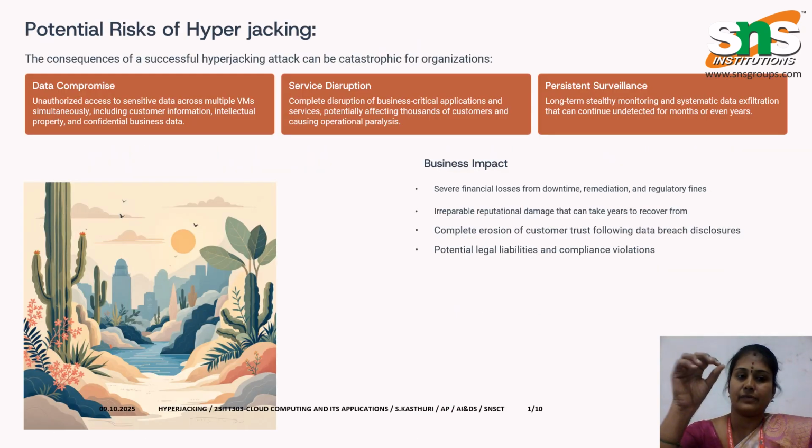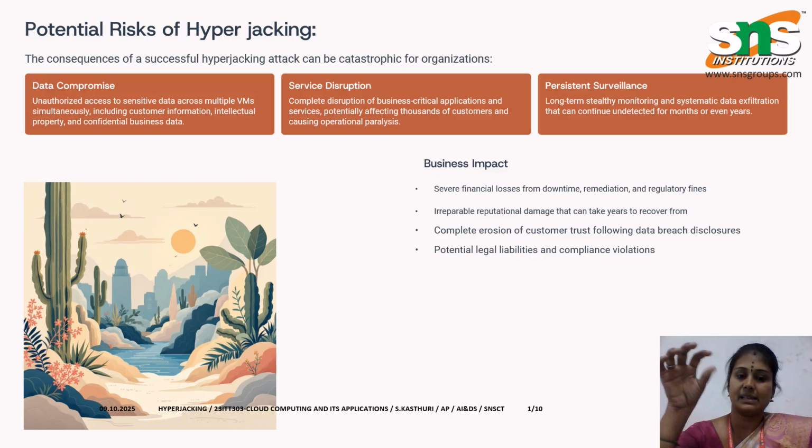Potential risks of hyperjacking. If an attacker controls the hypervisor, the domino effect is devastating. Data compromise: every VM's files, keys, and transactions are exposed. Service disruption: entire workloads can be shut down. Persistent surveillance: attackers can spy indefinitely.